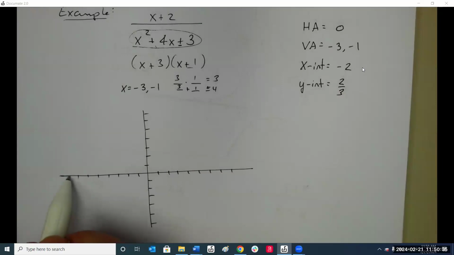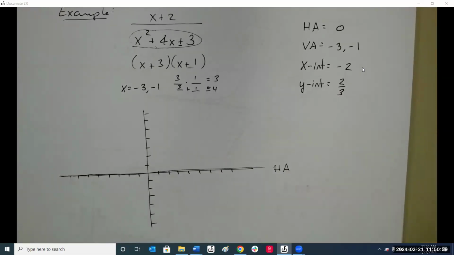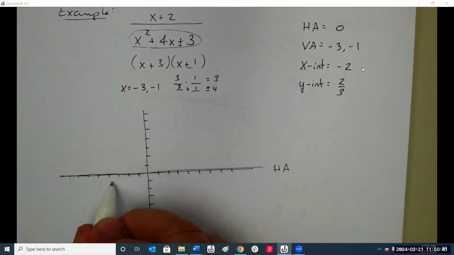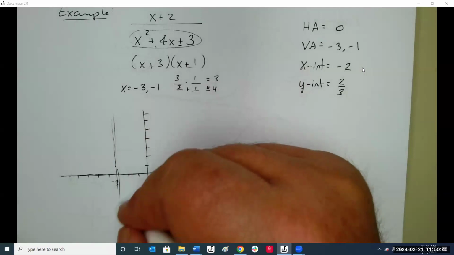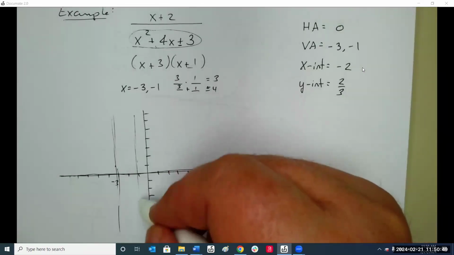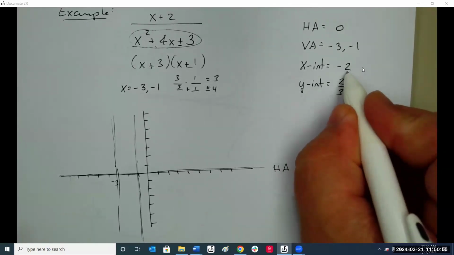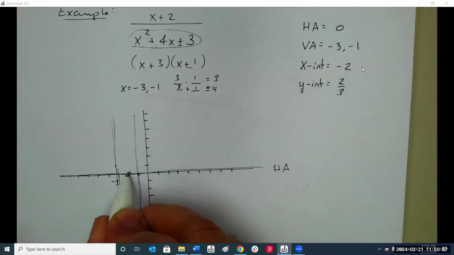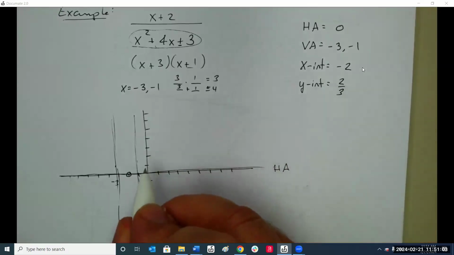Okay, so this is our horizontal asymptote. Vertical asymptotes are at -3, -1. We have an x-intercept at -2 and a y-intercept at 2/3.